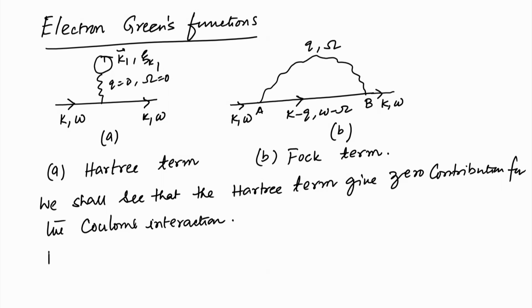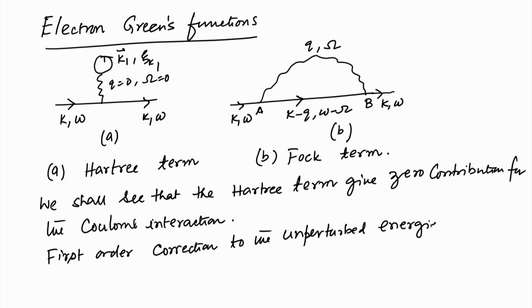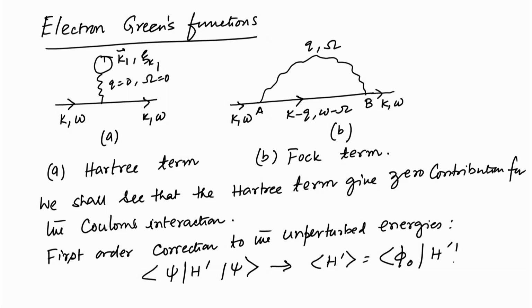So, the correction to the unperturbed energies is obtained by psi H prime psi, and in this case we know that this H prime would have to be between the non-interacting states.